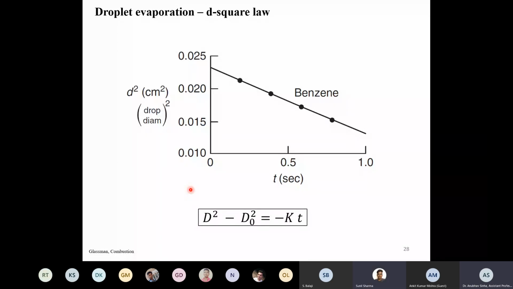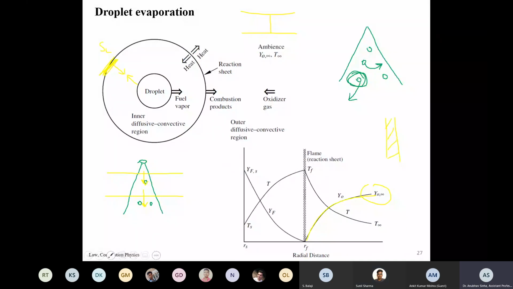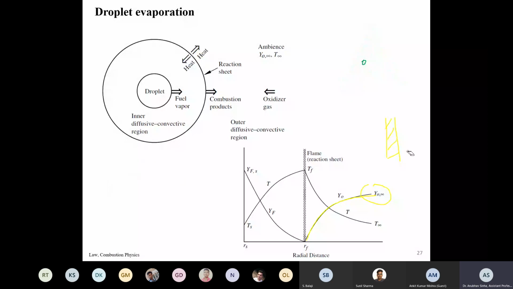Please repeat? Yes. Okay, let us say I do an experiment. Let us go back to here. Let me remove everything. This is a droplet we have, right? Once it starts burning, the flame will go inside and this droplet diameter will keep on decreasing.